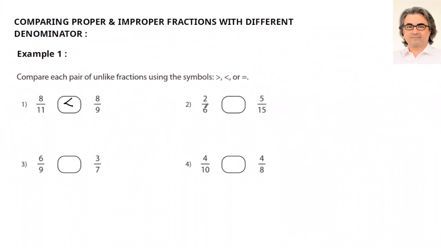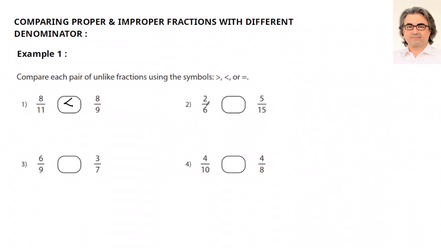Now both denominators and numerators are different here. Then we'll apply the following rule. We should equalize denominators or numerators to each other. Choose one of them.